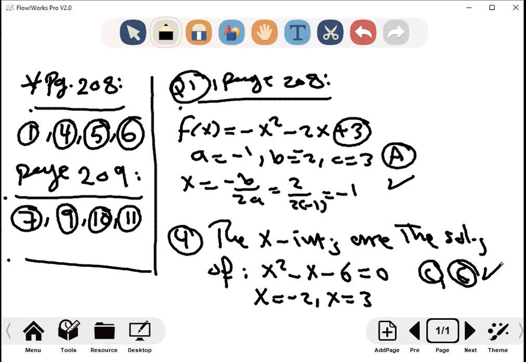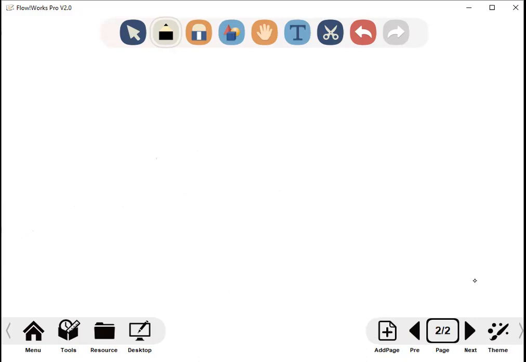Question 5. What do we have in question 5? Square root of minus 9 multiplied by square root of minus 49, right? Remember the complex numbers? Square root of minus 9, how much? 3i, right?